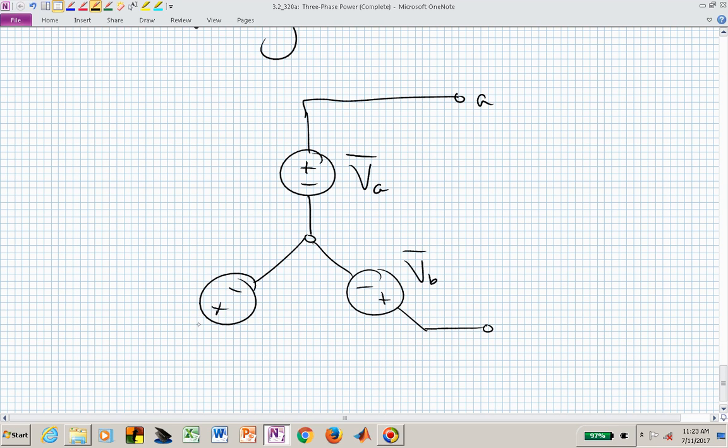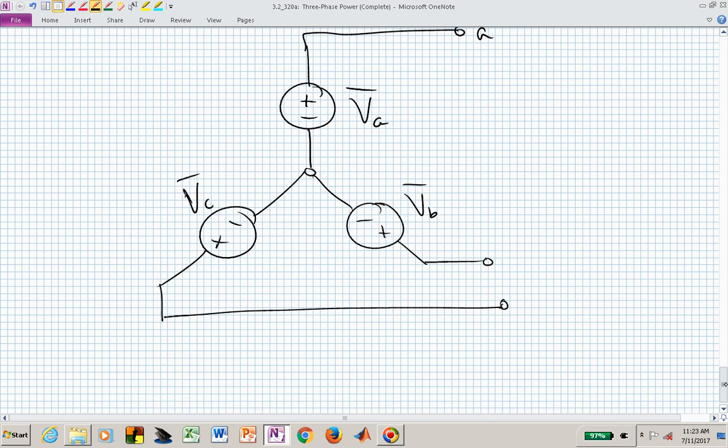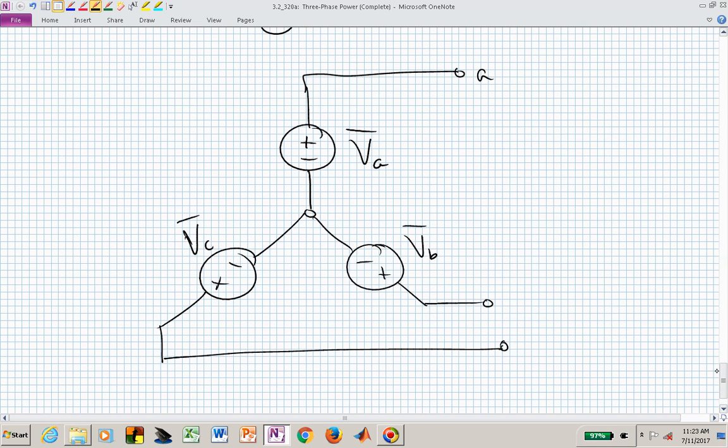And notice all of the negative terminals of those generators are connected to each other. If we wanted to, we could say that here is our source, and we have three terminals of that source: an A terminal, a B terminal, and a C terminal.